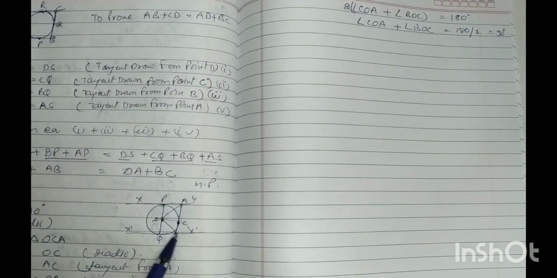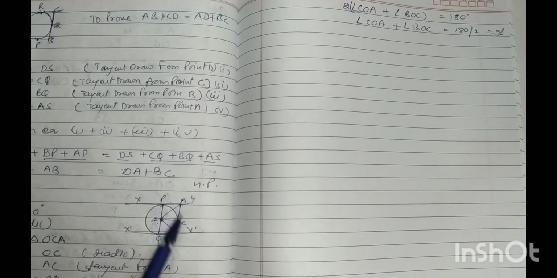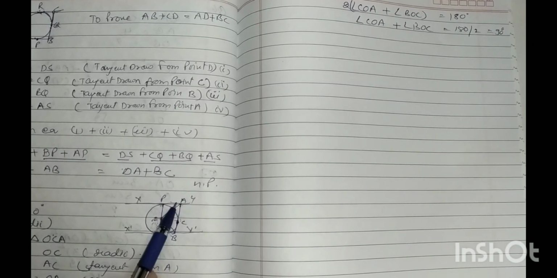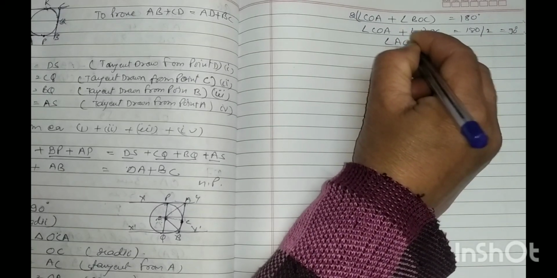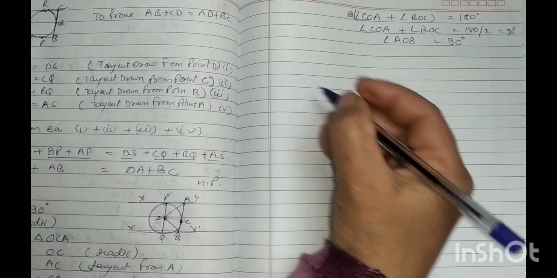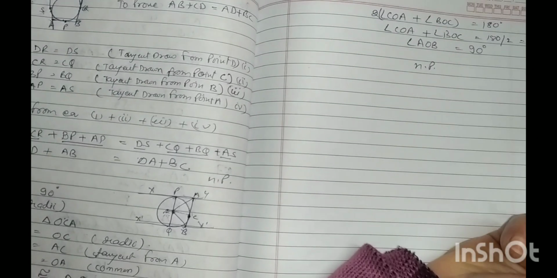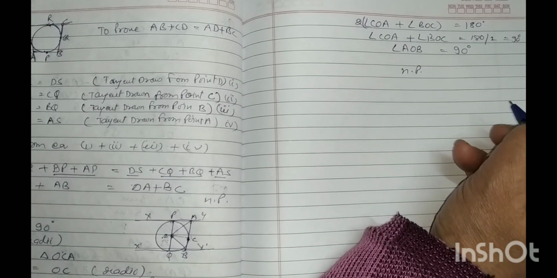Angle COA and angle BOC make angle AOB. This angle AOB equals 90 degree. Hence proved. Thank you.